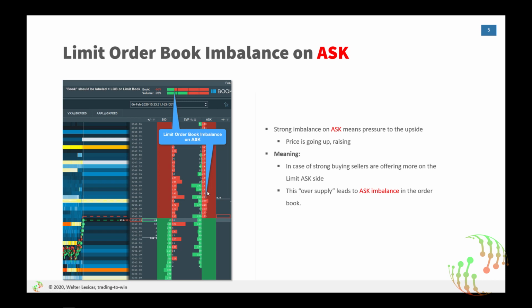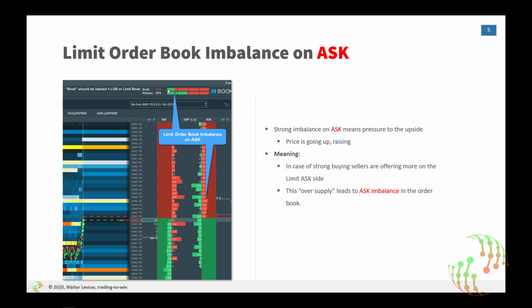And not to confuse you, but maybe to talk about the meanings. In case of strong buying, sellers are offering more on the limit ask side here. So this means there is an imbalance on the ask side. If you have this plugin or add-on activated in your Bookmap, have a look at that one. It's a little bit harder to watch it now.